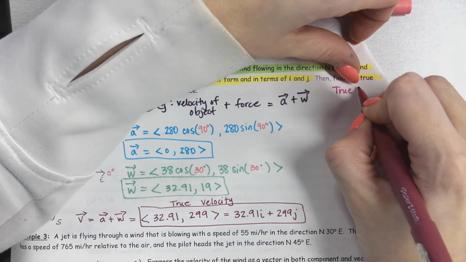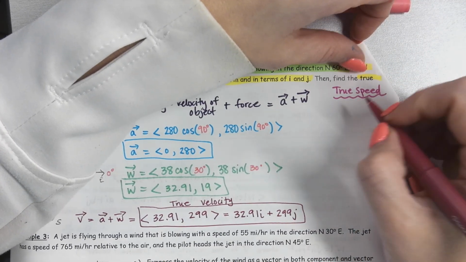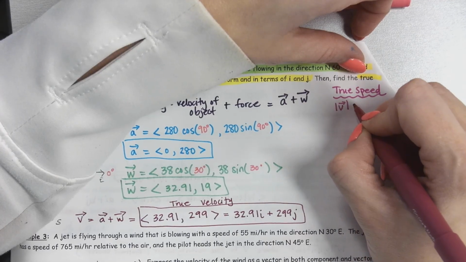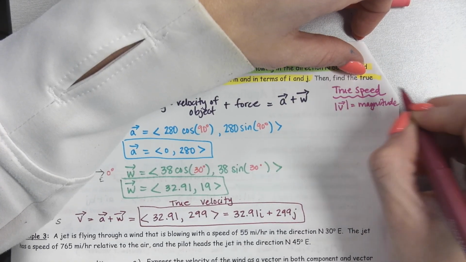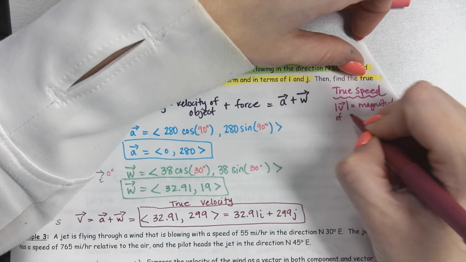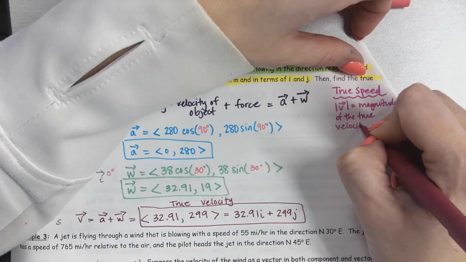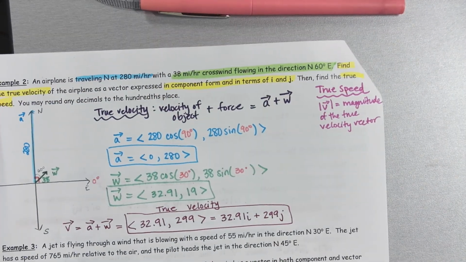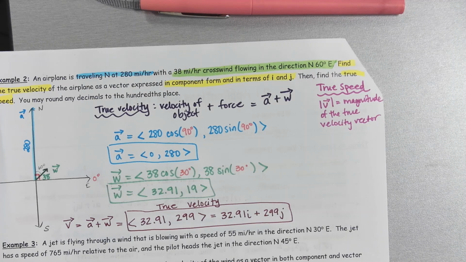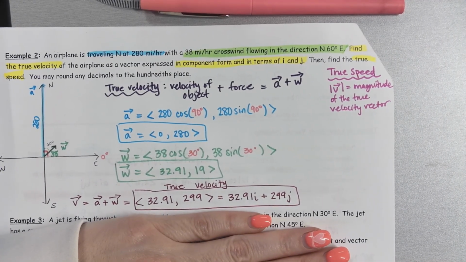Okay, so remember true speed, it's the same thing as actual speed or ground speed. So whenever they say find the true speed, they mean that you have to do the magnitude of this true velocity vector.